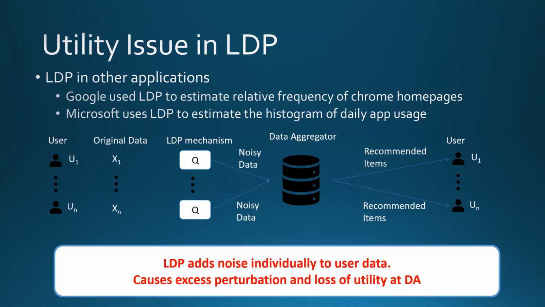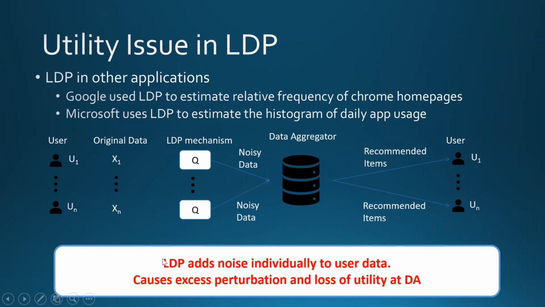If you take a recommendation system, the data aggregator has to perform recommendation over the noisy data, which is not actually the original data. So when they perform recommendation over noisy data, the users who get the recommended items might not get more accurate results. So their user experience is going to be affected. That is the main problem in LDP.